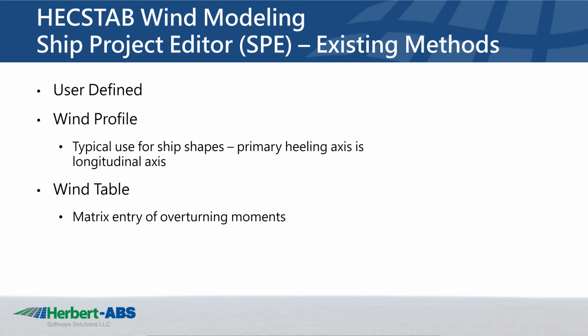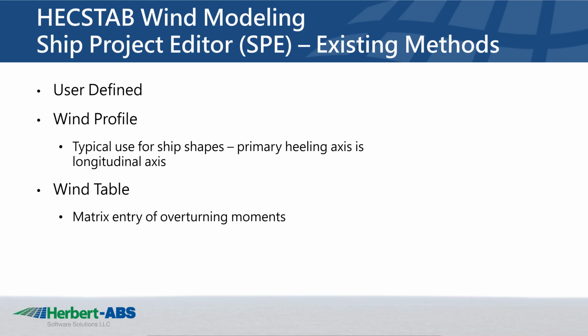Next is the wind profile, which uses a profile in the transverse direction to do wind calculations. This is typically used for just ship shapes and is limited to transverse winds. And the final one is the wind table, which is essentially a large matrix entry of wind overturning moments or force coefficients, depending on the analysis.